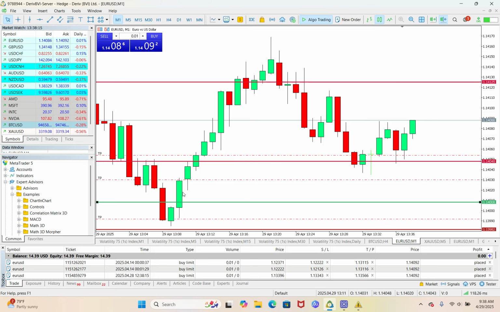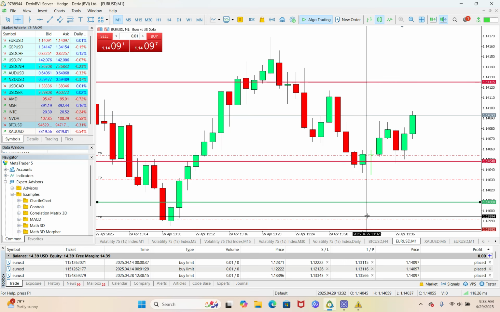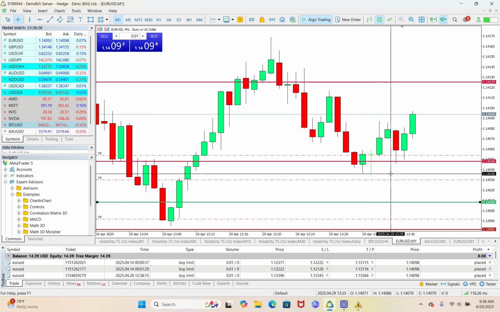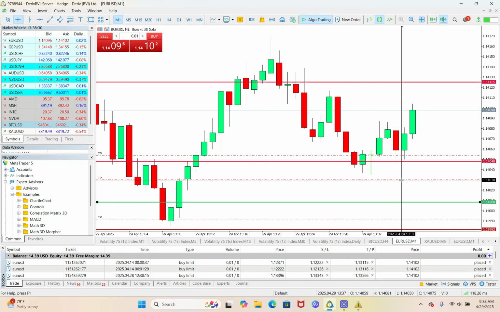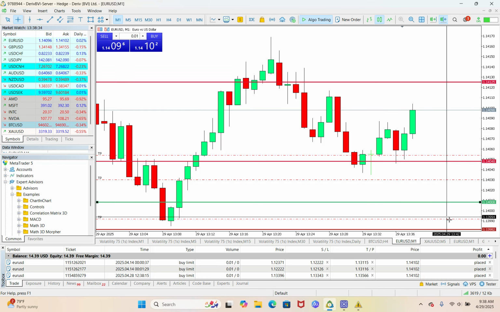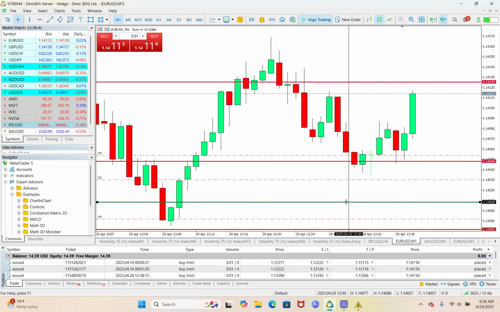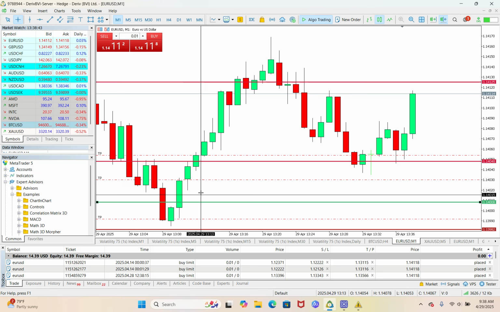The reason why this is an area of interest is because the market is having a hard time coming back into this area, right? So that is a signal that a lot of buyers are in this area because the market is having a hard time coming back into this area right here.